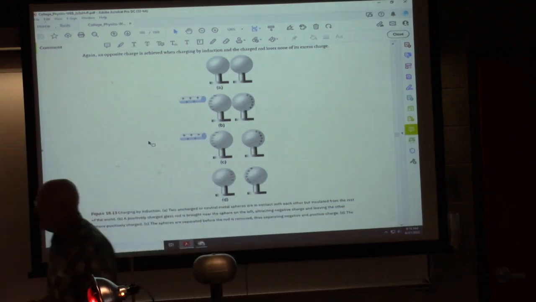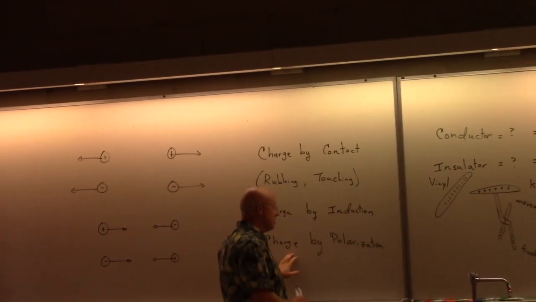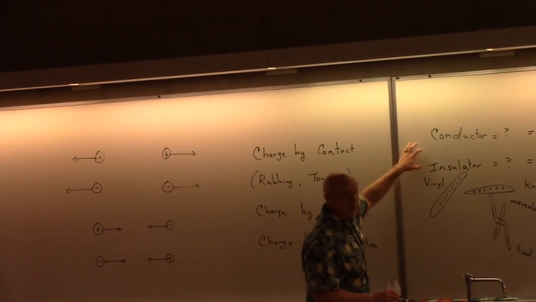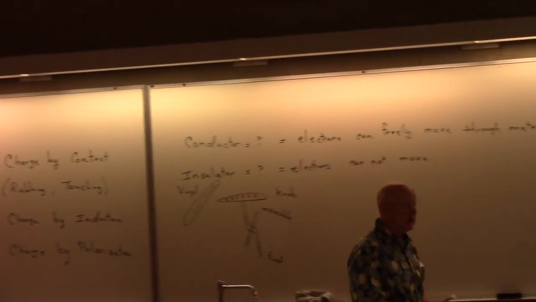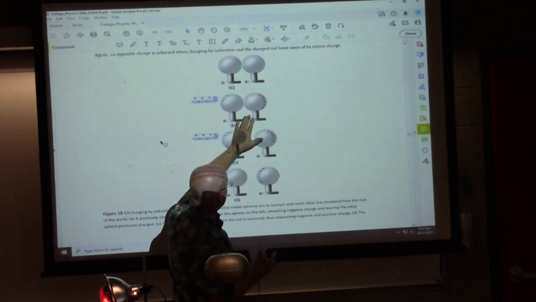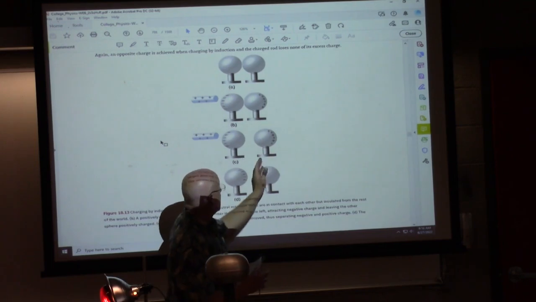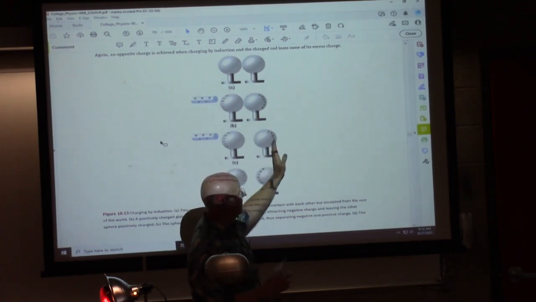That's why I said, for us to really get into charging by induction, we have to understand an insulator and a conductor. So in part B, we have now separated positives and negatives, but because this is really a separable two objects, this third object I'm going to pull away.